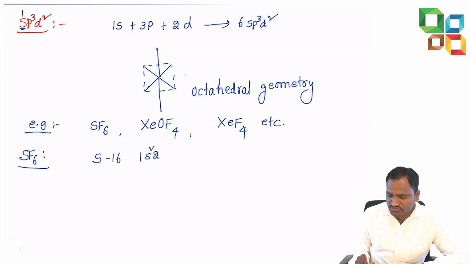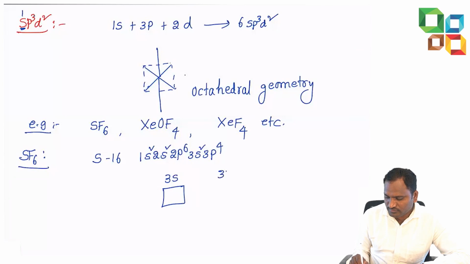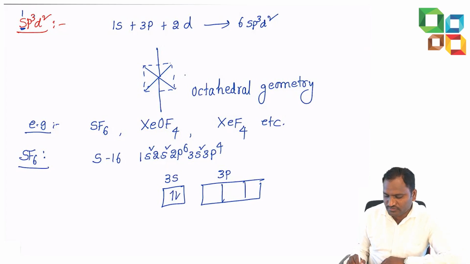Electronic configuration 1s2, 2s2, 2p6, 3s2, 3p4, the ground state electronic configuration. 3s has 2 electrons, 3p has 4 electrons: 1 electron here, 1 here, 1 here, and pairing takes place.